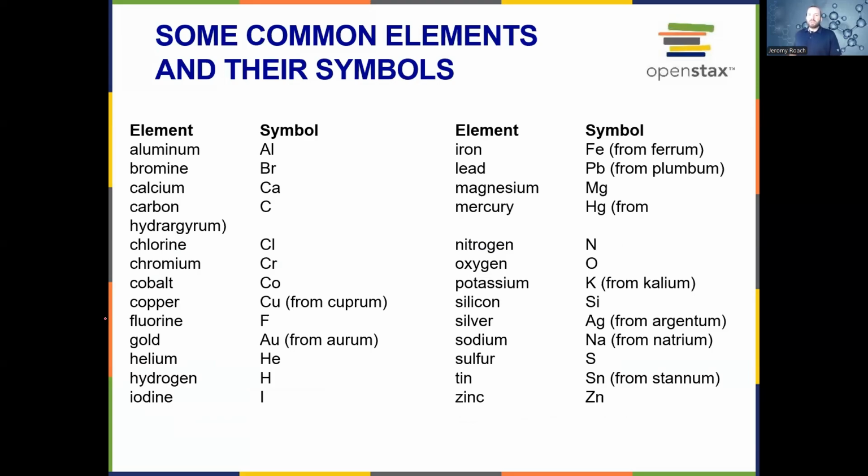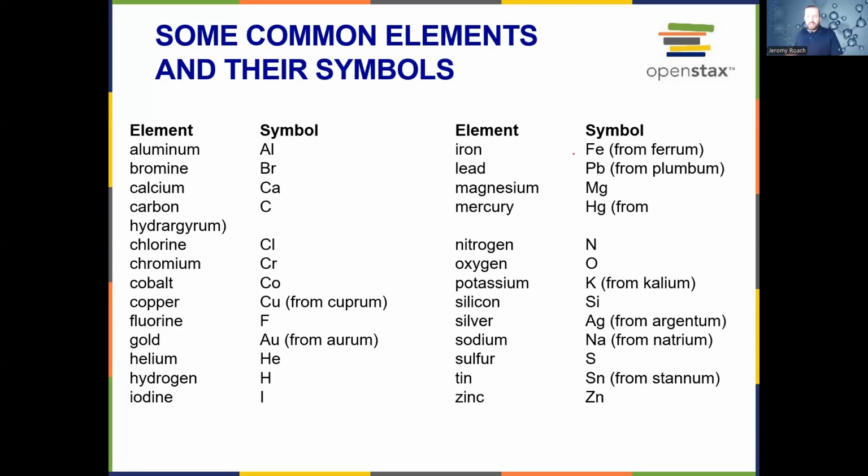These are some other common elements and their symbols. So aluminum, bromine, calcium, carbon, chlorine, chromium, cobalt, copper, fluorine, gold is one of those interesting ones. It's Au, helium, hydrogen, and iodine. That's from the first list here. And then here are some others as well.